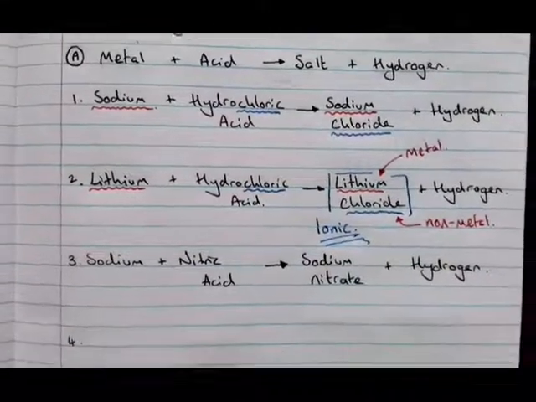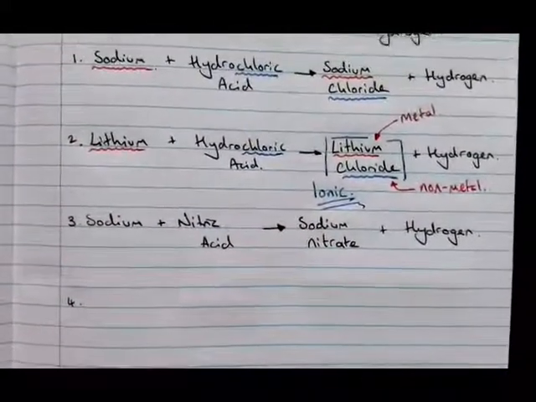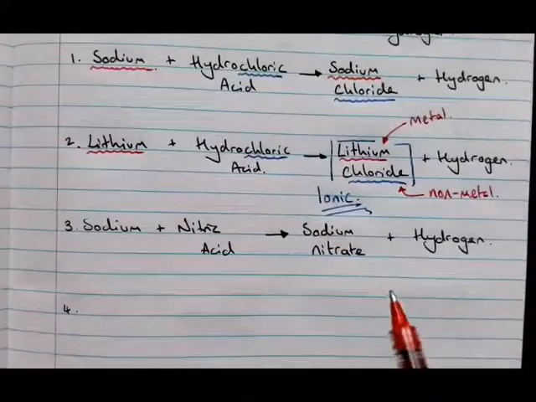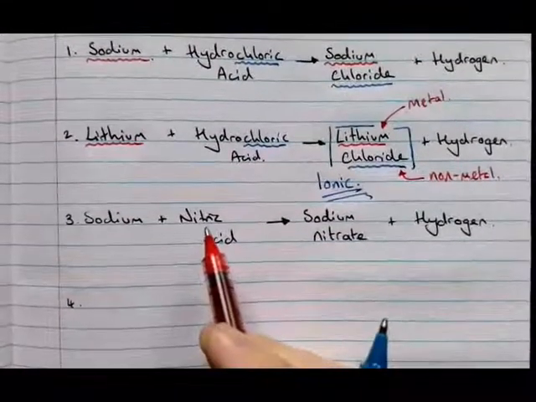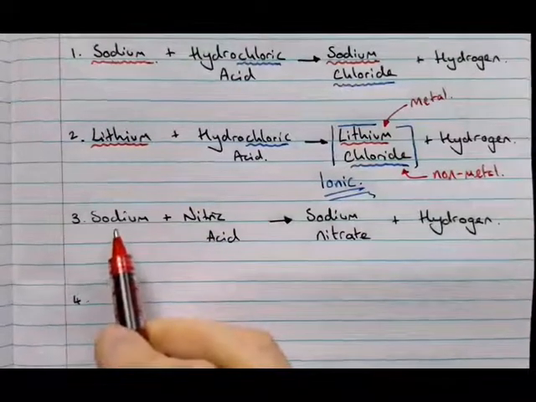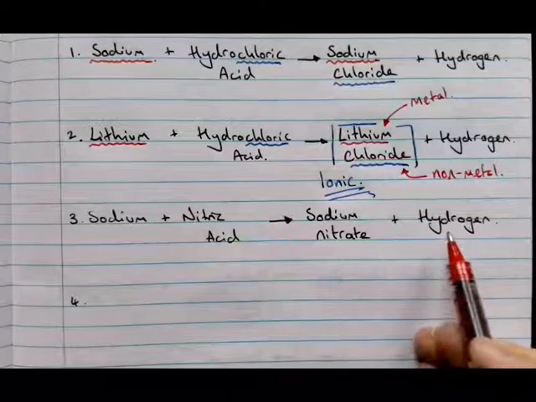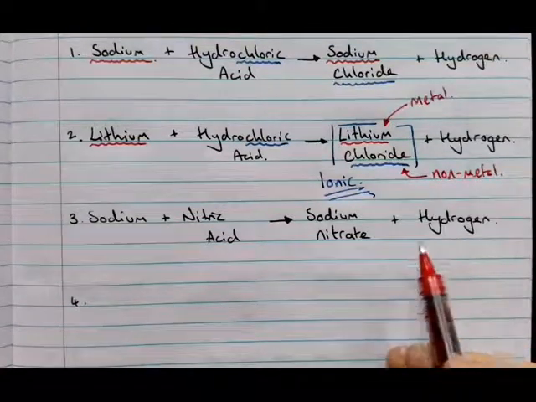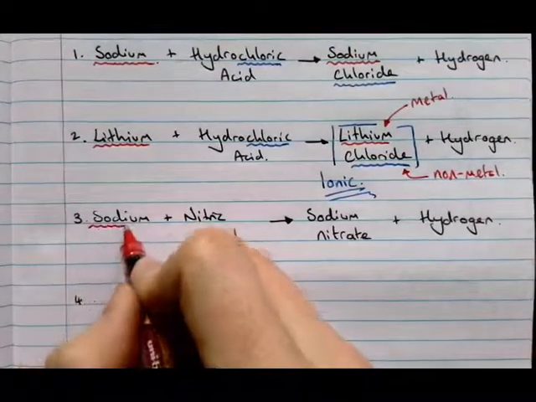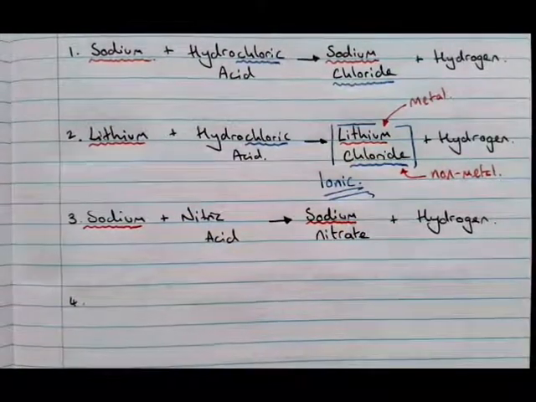Okay, let's go on. So now we're going to use a different acid. The acid I use now is nitric acid. But it's the exact same reaction, so it's still a metal plus an acid gives me a salt plus hydrogen. So it's still sodium will give me my sodium salt, but now the acid has changed.